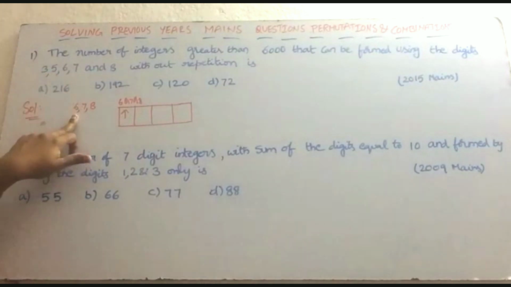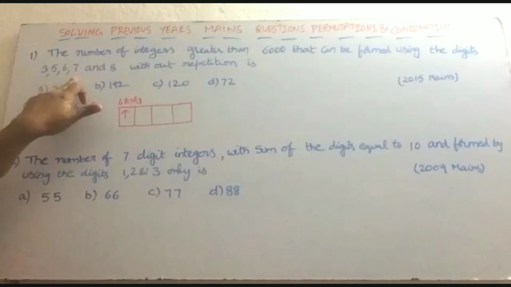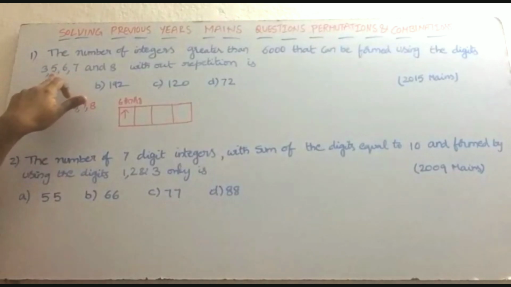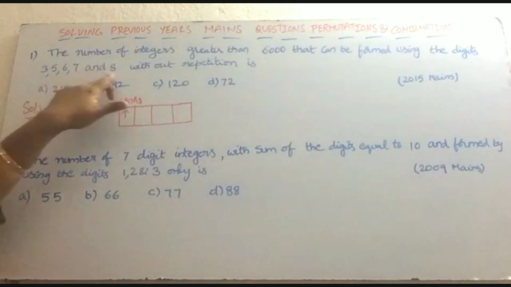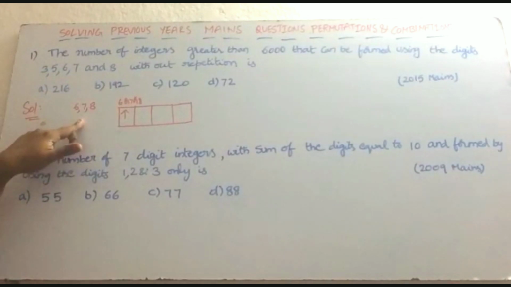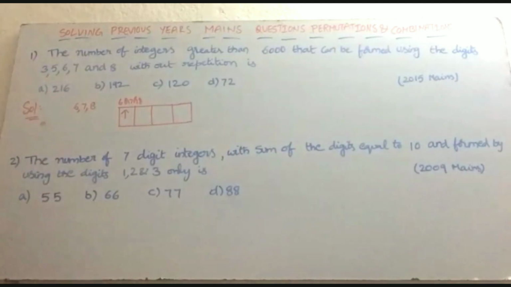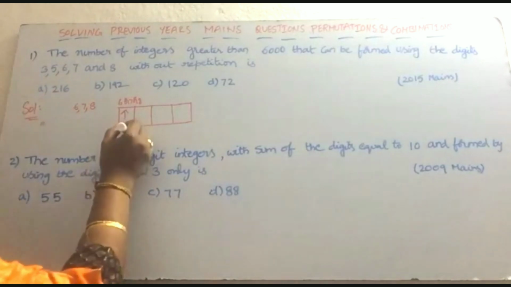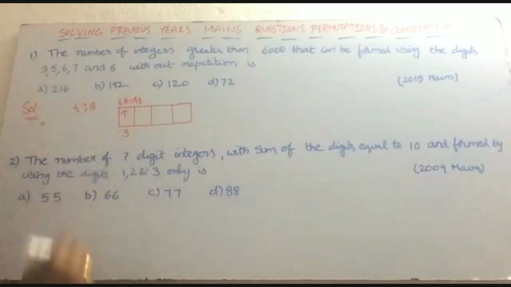If 6 is the first digit, the remaining digits can be arranged in 3 ways.